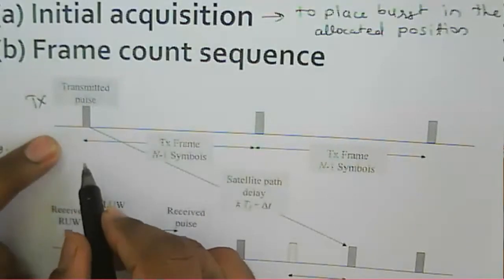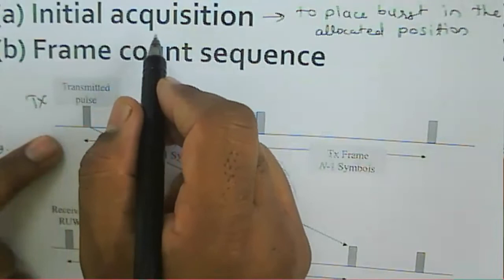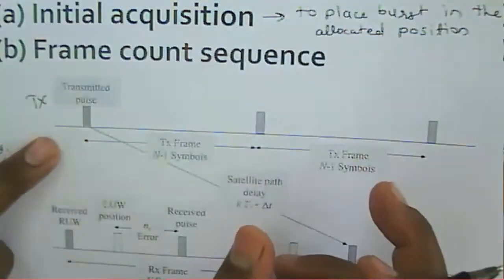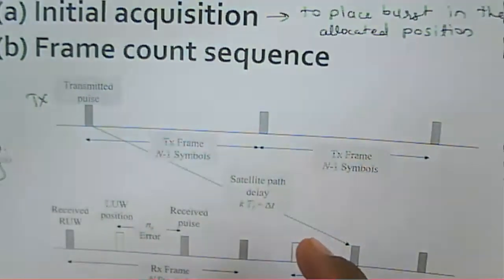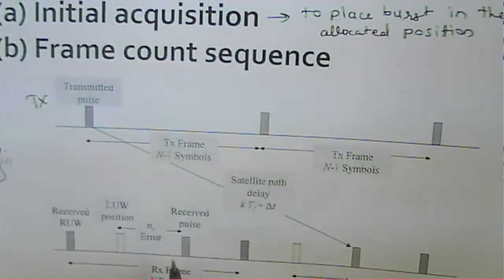So the initial acquisition pulse of that particular time slot will be achieved using the open loop method or the closed loop method.